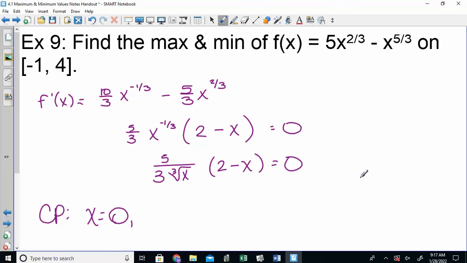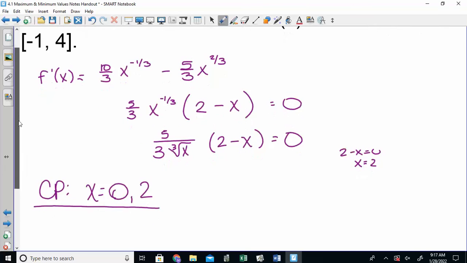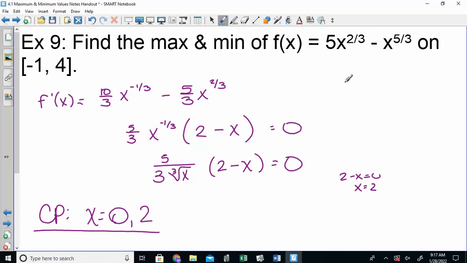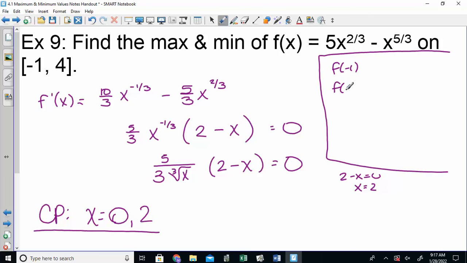And then to make it equal 0, if you just set 2 minus x equal to 0, you get 2. So our critical points are 0 and 2. What happens if, like, I had gotten a critical point of 5? Would I use it here? No, because I'm only looking between negative 1 and 4. So now I need to test my endpoints and my critical points. So I need to do negative 1, 0, 2, and 4.